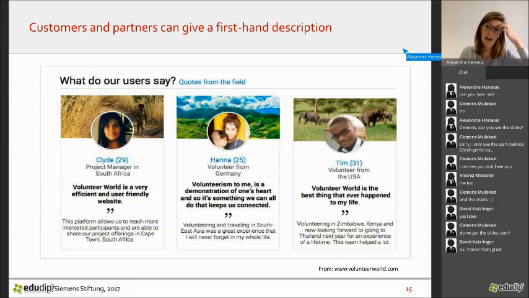This example I actually took from Volunteer World. It's a very nice, young company sitting in Germany, social entrepreneurs. And I liked a lot that, on the one hand, they use the voice of the customers they're working with, both volunteers and social organizations. So I think it's very nice that they actually put in citations of the ones they're working with.